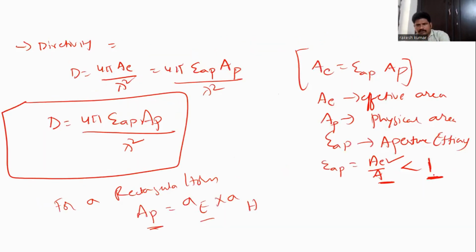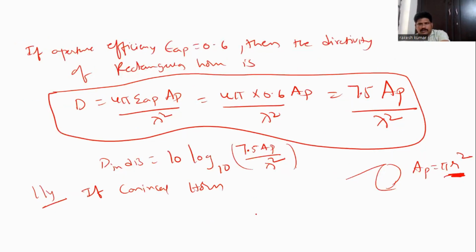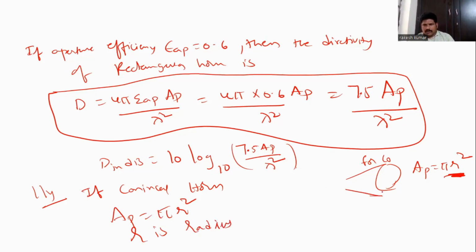Physical area AP is equal to pi r square, where r is the radius of the aperture.